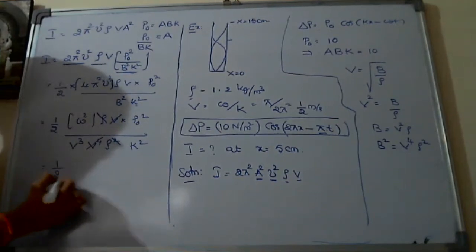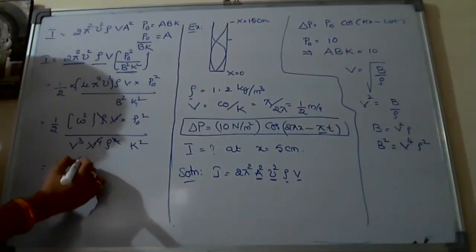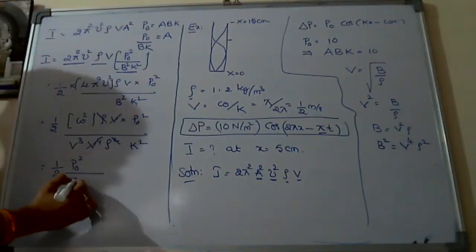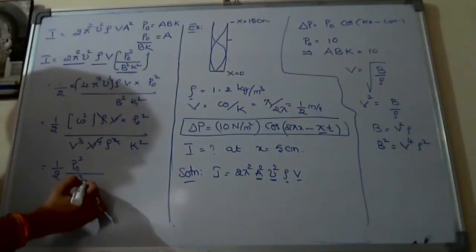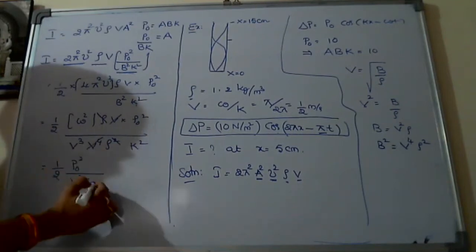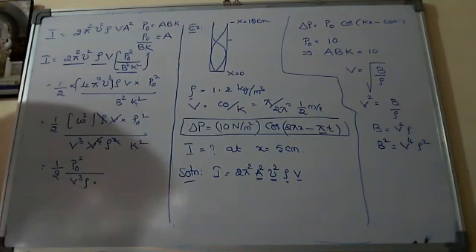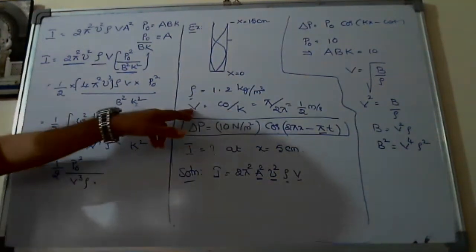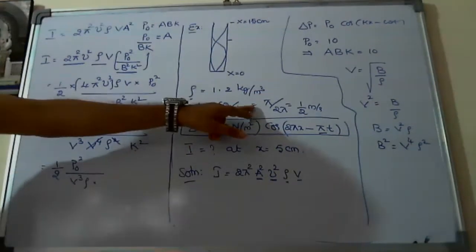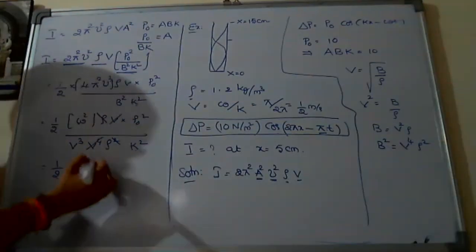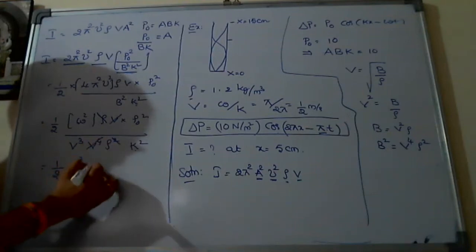And here it appears like half P naught square by v cube into rho into, look at now, omega square by K square. Omega by K is v. So omega square by K square will be v square.